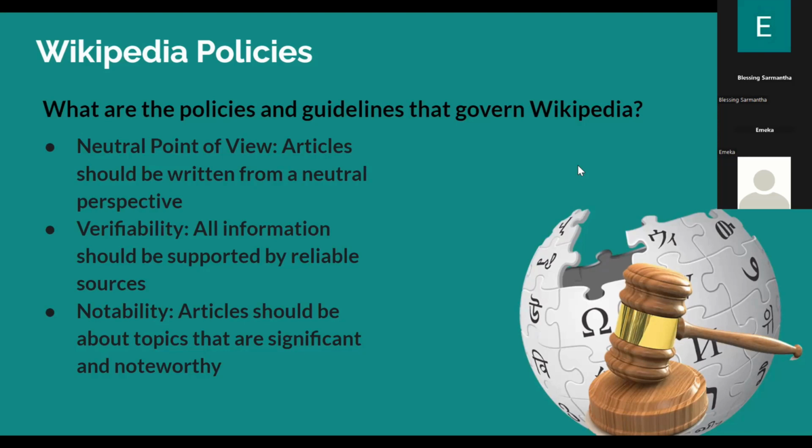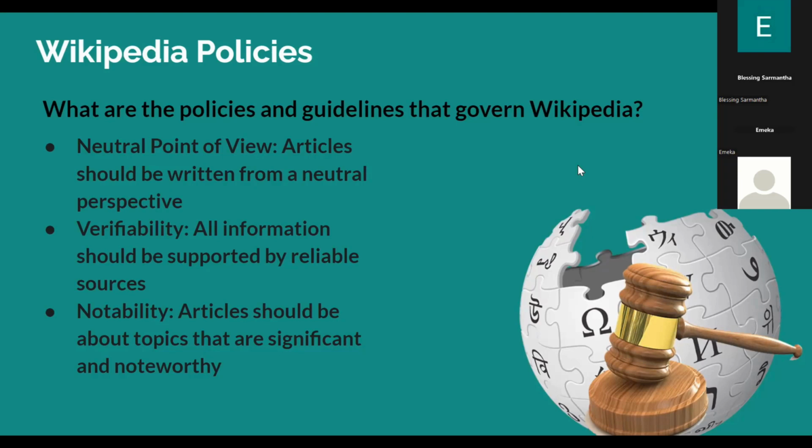Because Wikipedia is a tertiary source, and a tertiary source has to pass through primary, then secondary, and after secondary it becomes a tertiary source. So you cannot just be the primary source and come and write on Wikipedia. When they ask you where you got your information from, you say, I'm the one who was there, I saw it.